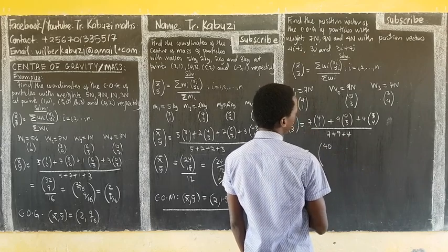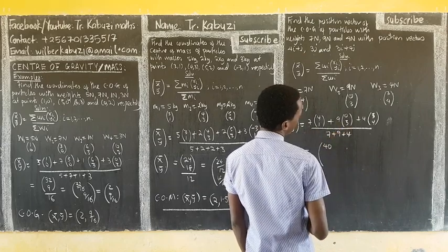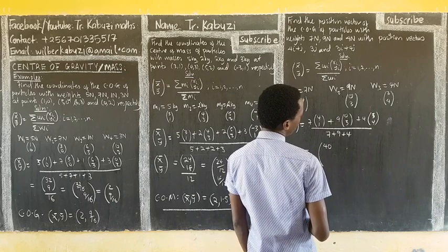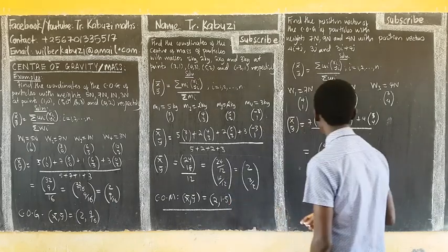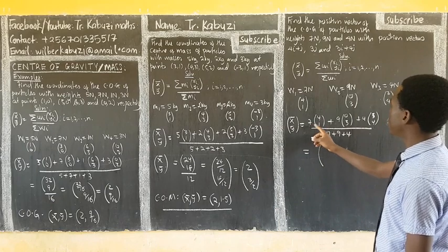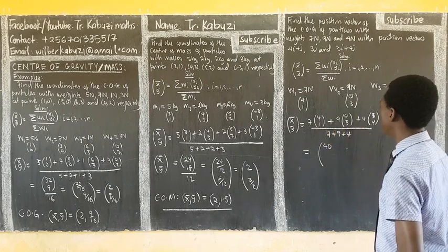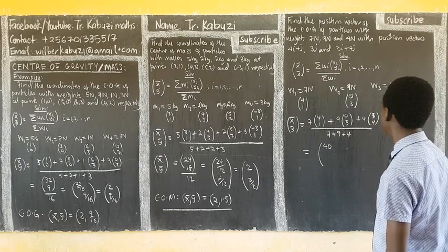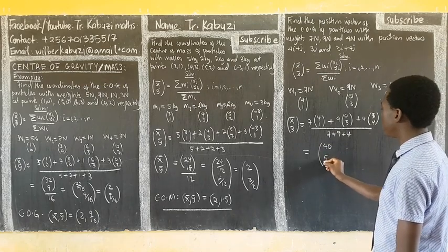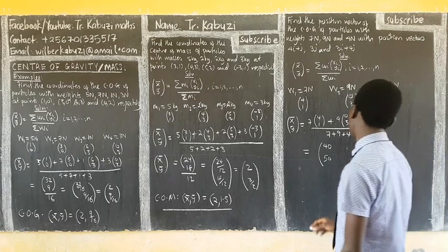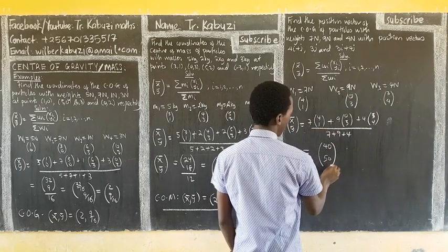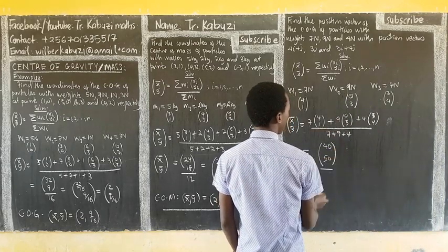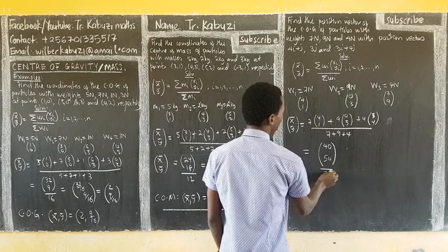Then we have 7 plus 27, that is 34, plus 16, which is going to be 50. Then down, when we sum these, we get 20.